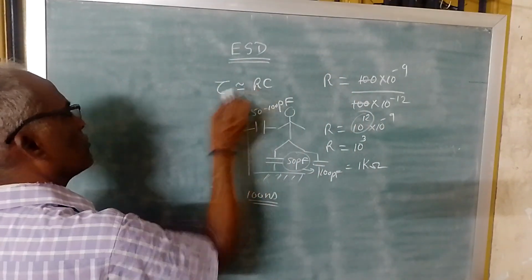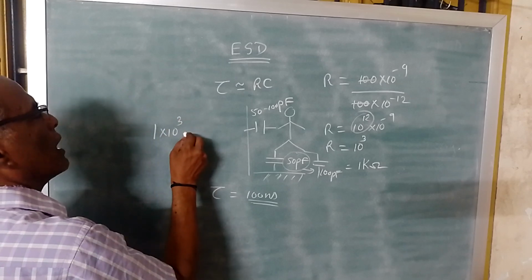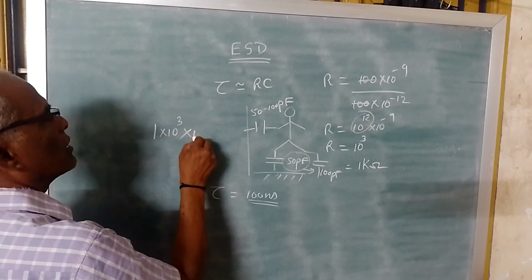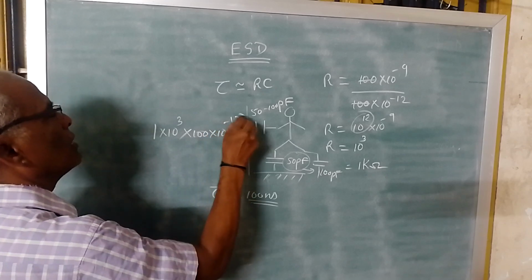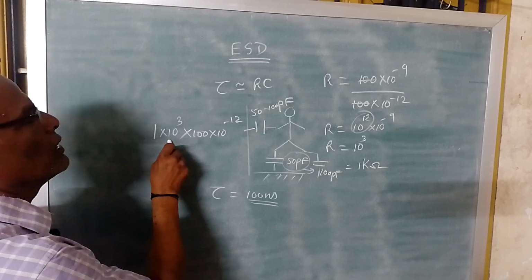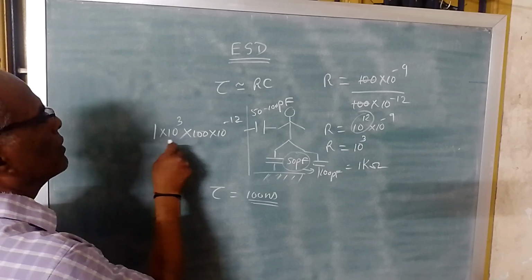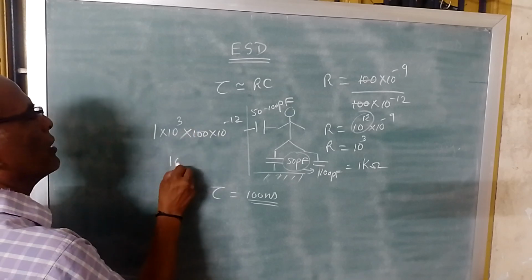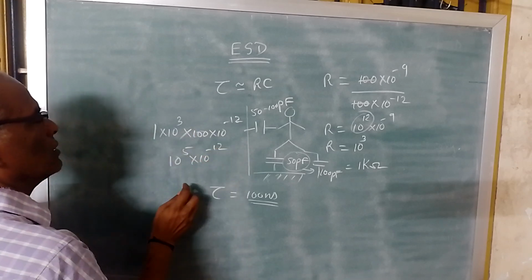So if R is equal to 1K, that is 1 into 10 power 3, and C is equal to 100 picofarad, which is 10 power minus 12. So put together 10 power 3 and 100 will give you 10 power 5 into 10 power minus 12.